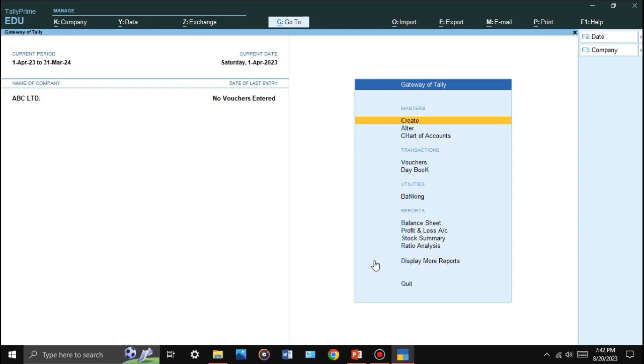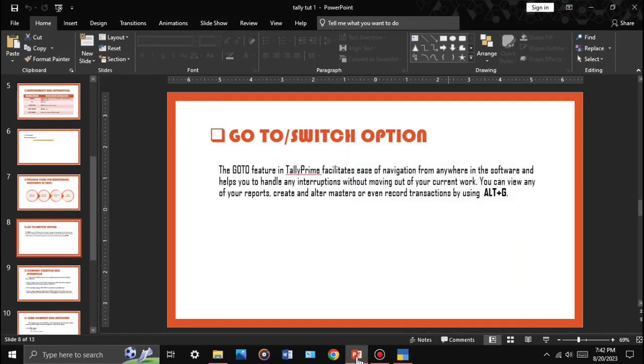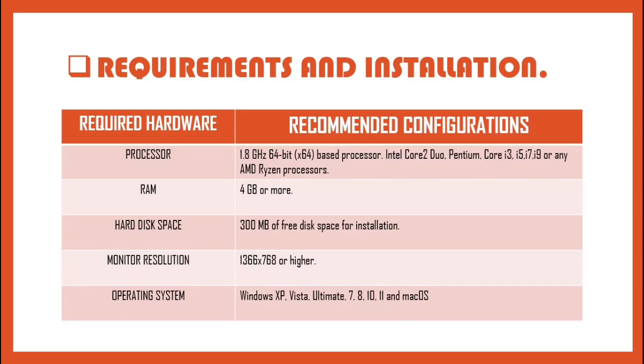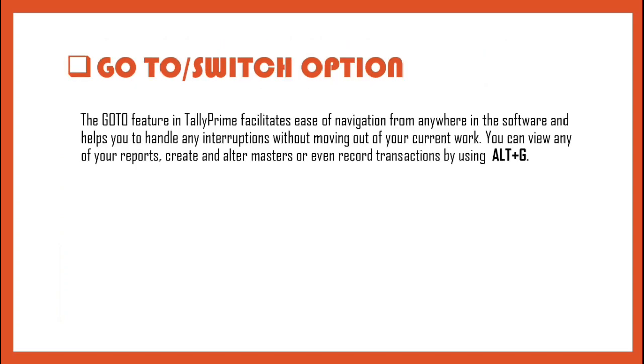Now, we were discussing this Go To option. As you can see, it is written that you can view any of your reports, create and alter masters, or even record transactions by using this command of Alt plus G. What does it mean?